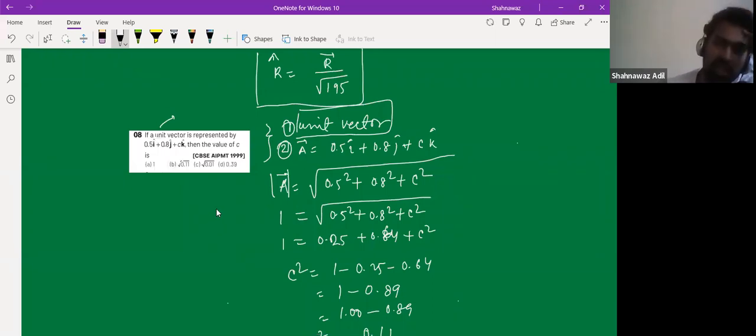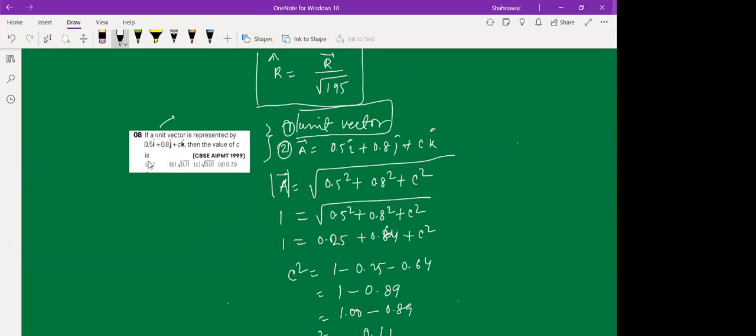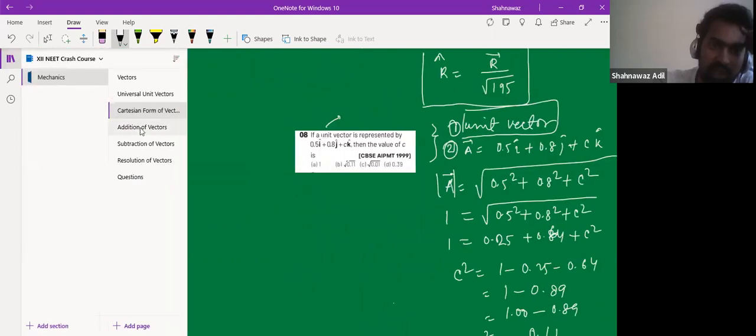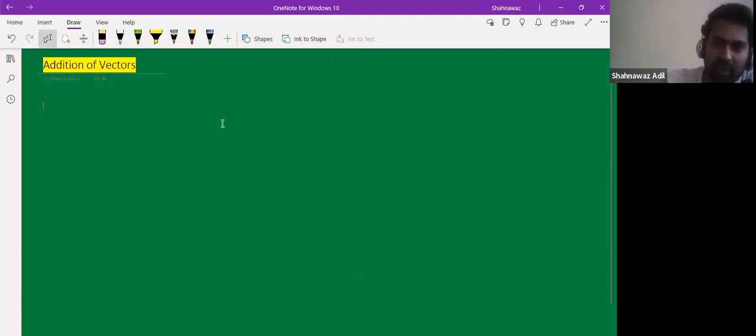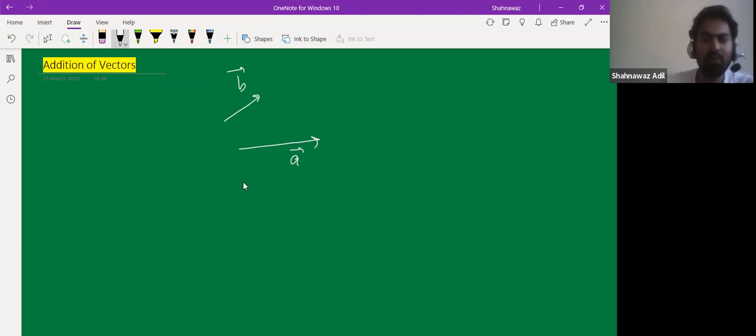Understood up to this point? So the next topic that I am going to talk about is the addition of vectors. Let's say you have two vectors. This is A vector and the other one is B. Here the Cartesian form is not given, and the angle between them is theta.